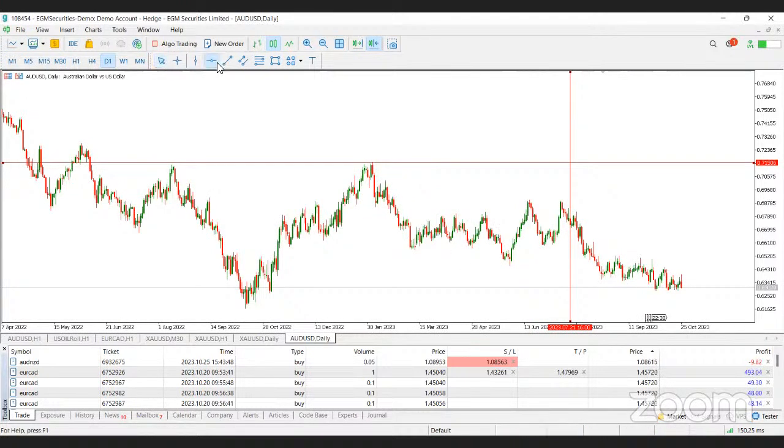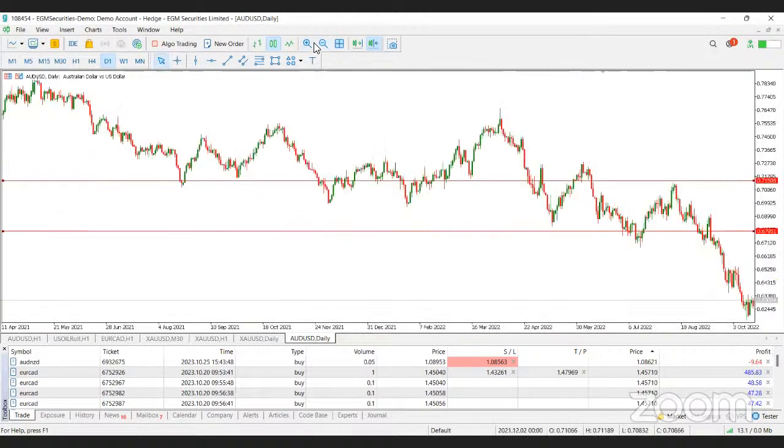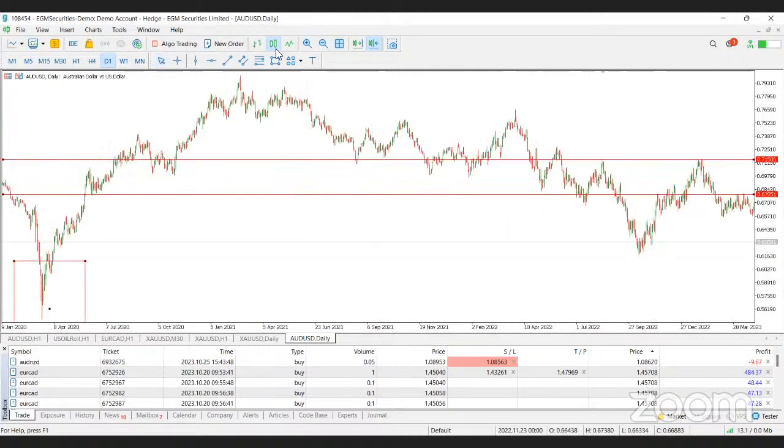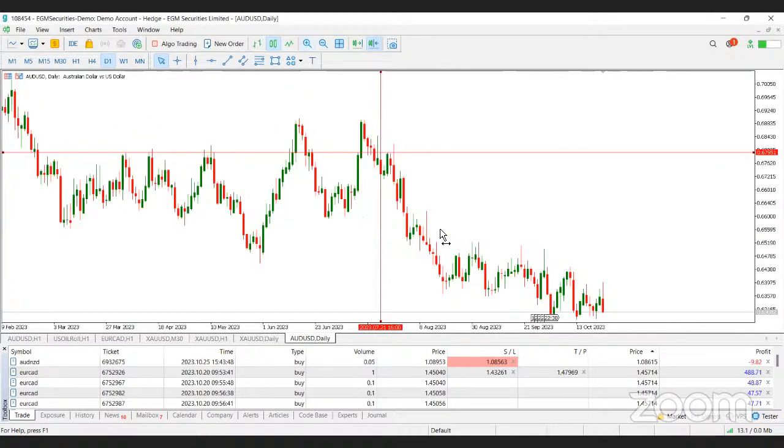This is where you use this horizontal line. You drop it at a point where the market has risen severally, but has struggled to break above the point, right here.